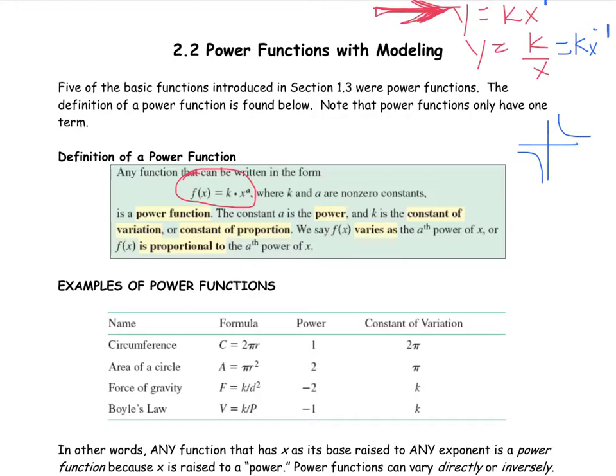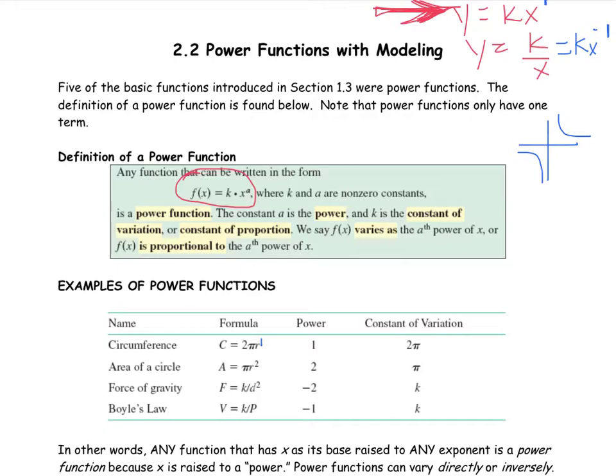In the equation for circumference, the variable is r. As the radius changes, the circumference changes. This power function has power 1 and a constant of variation of 2 pi.